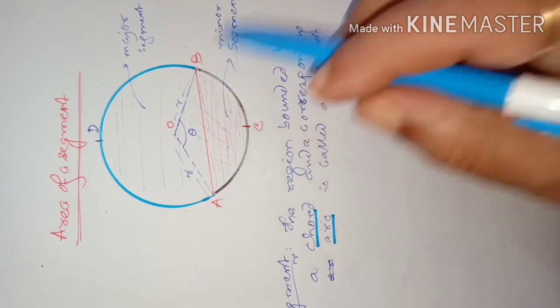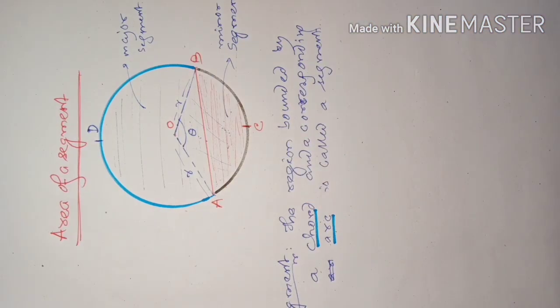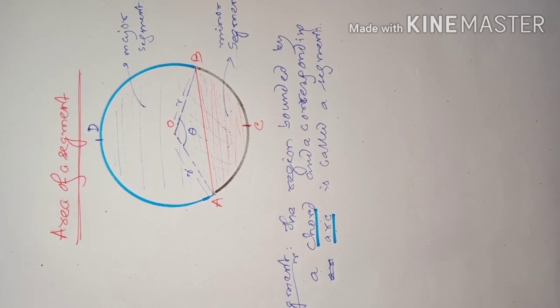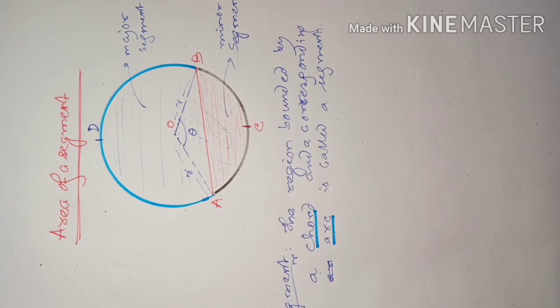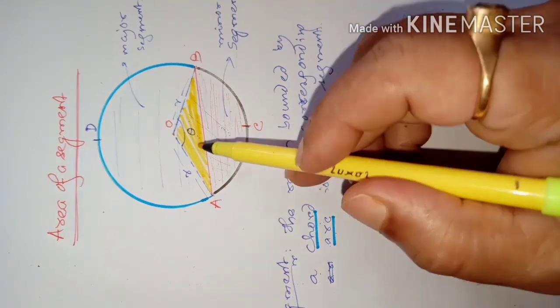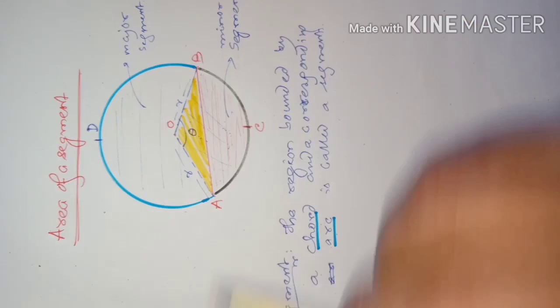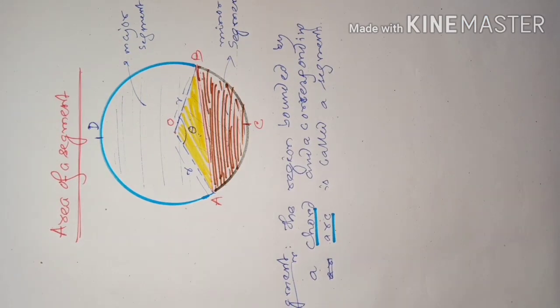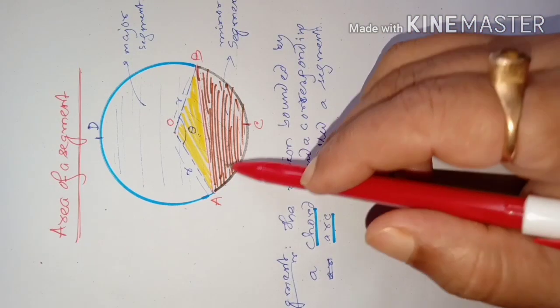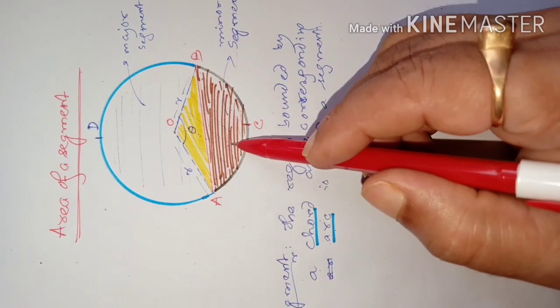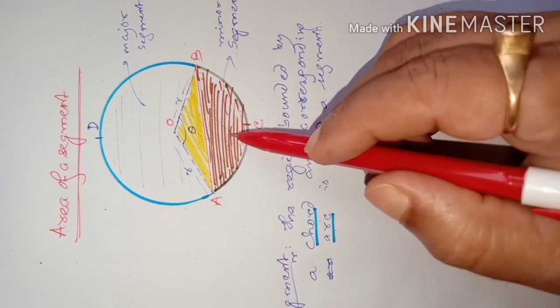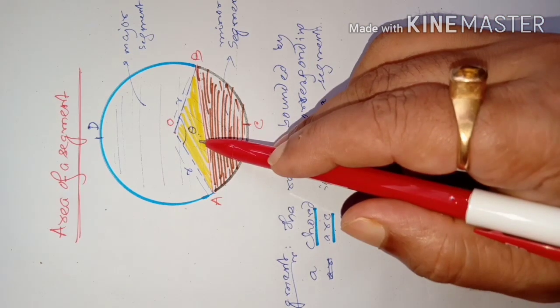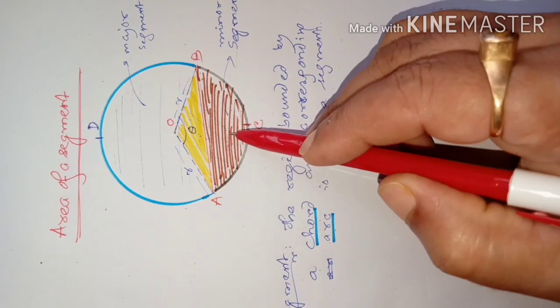of the segment. What I'm saying, you will understand by means of the diagram, using colors. I'm just trying to explain to you. You see, dear students, the yellow colored diagram is the triangle. And the brown shaded part of the diagram is the segment.